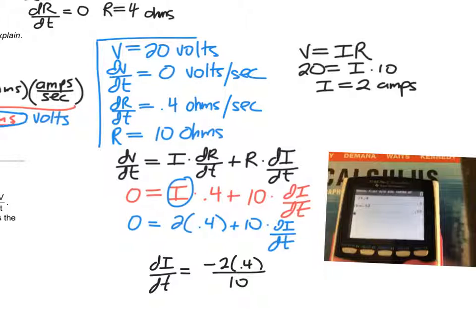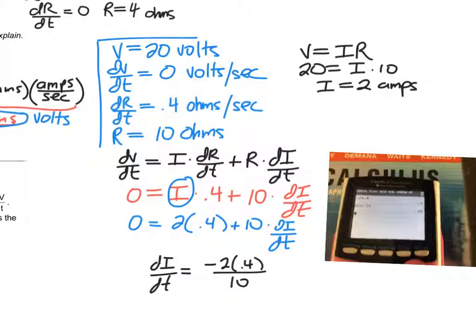You can't see it on the big screen, but in the video it's going to look gorgeous. So negative 2 times 0.4 divided by 10 gives you negative 0.08. So negative 0.08 amps per second.